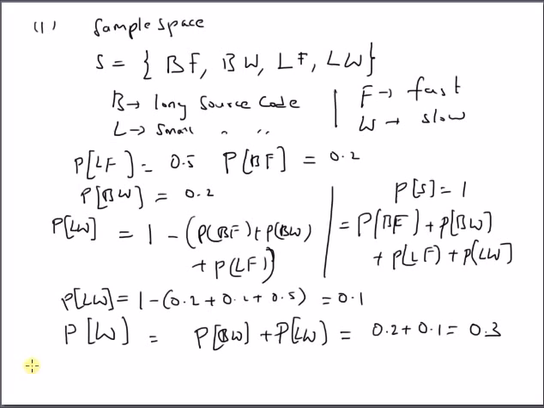And similarly, we can also calculate the probability of a union event, that is probability of the event W union B. That is, a source code could be either slow or it could be very long. The probability will be equal to the probability of W plus the probability of B minus the probability of W intersection B. So we just calculated that the probability of event W is equal to 0.3.